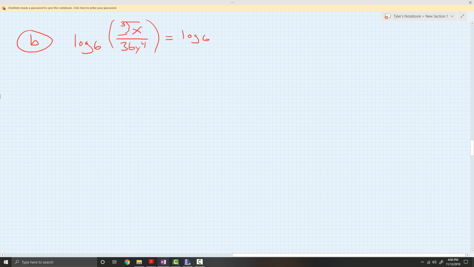So we'd have log base 6 of the cubed root of x minus log base 6 of 36y to the 4th. And just as I pointed out before, it's important to note that I can't just pull this 4 out in front because the whole expression is not raised to the 4th power. This term is not raised to the 4th power.